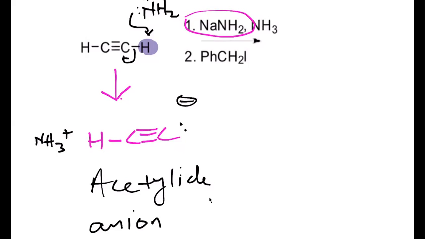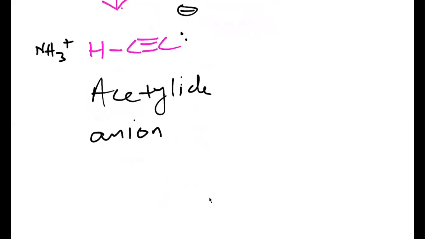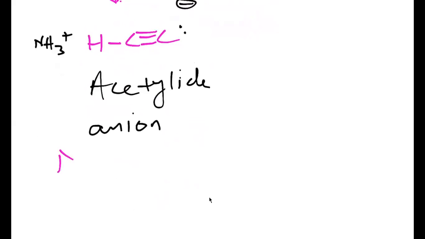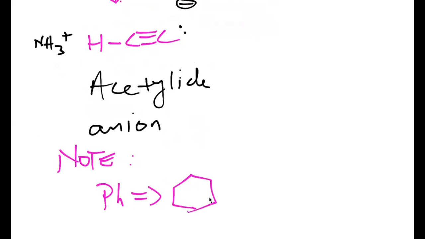All right, look at the second step. What is this? All right, let's draw that out. So the Ph is an abbreviation. Let me just put this down here. We're gonna knock these out. We're not gonna be stopped. The Ph is an abbreviation for benzene ring, right? We've seen the benzene already, right?